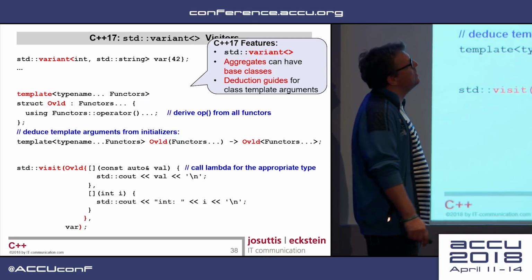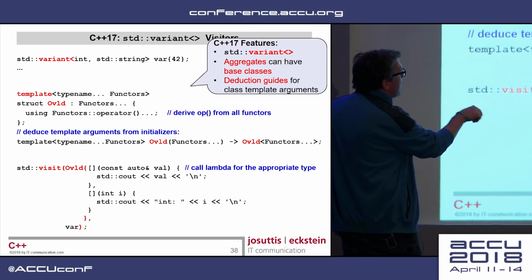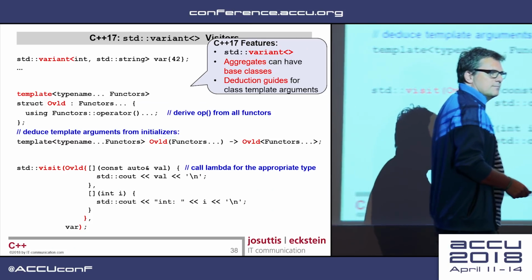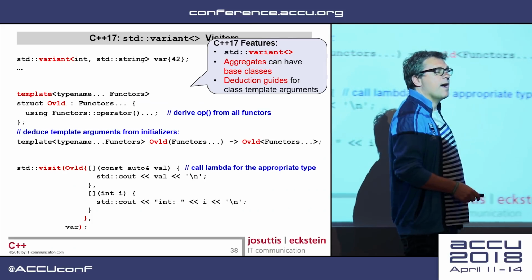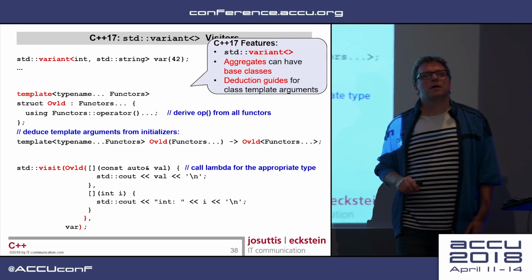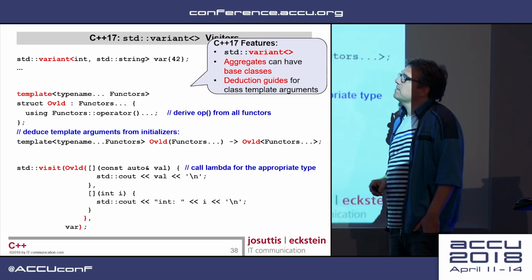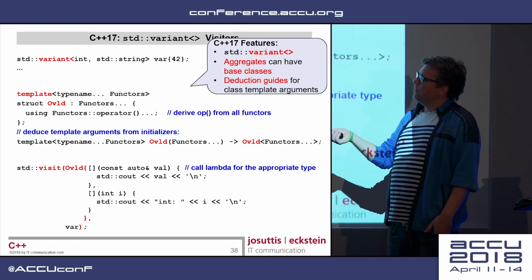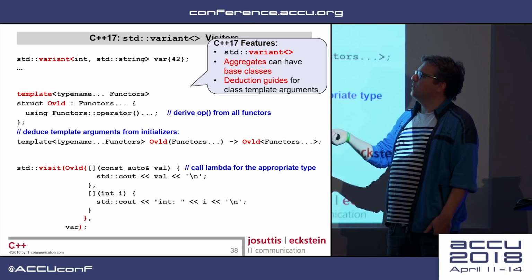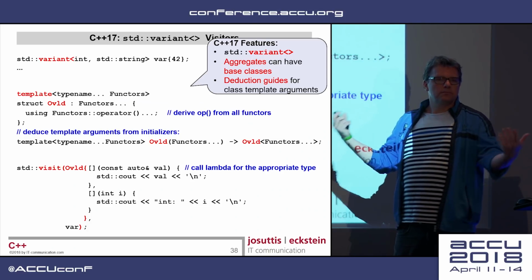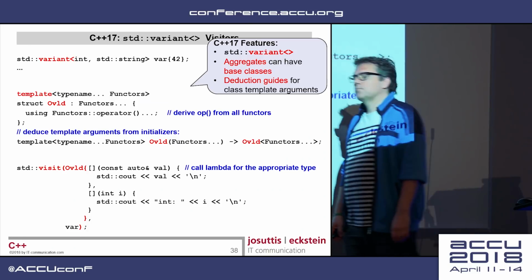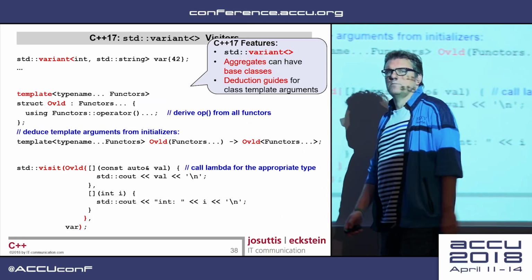This feature is used here, and we have these deduction guides used here. Cool. We are currently discussing introducing this even in the standard library, and then this would be called an overloader. So we can visit an overloaded function object containing different function objects.